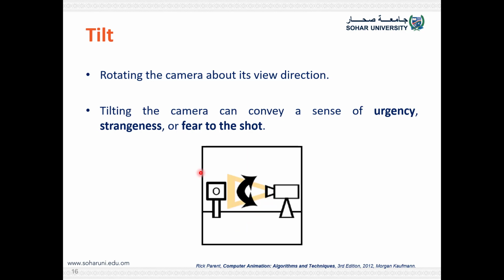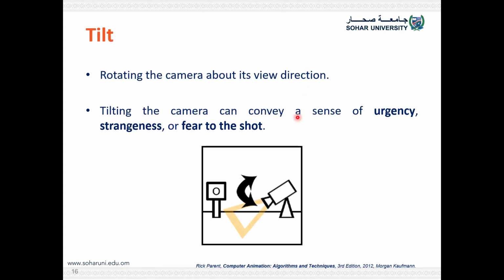Now, other principles we can find when we use the camera. One principle is called tilting or tilt. Tilt means rotating the camera, as we can find in this GIF animation. It is rotating the camera about its view direction. So why do we use this kind of shot?